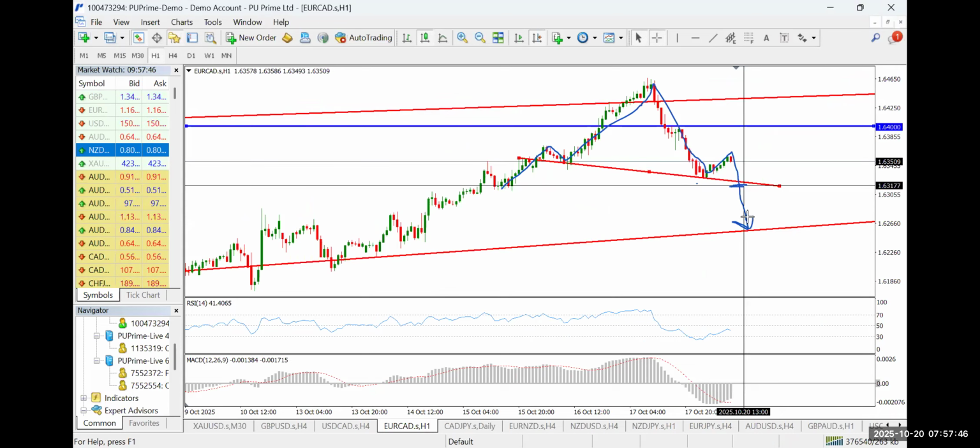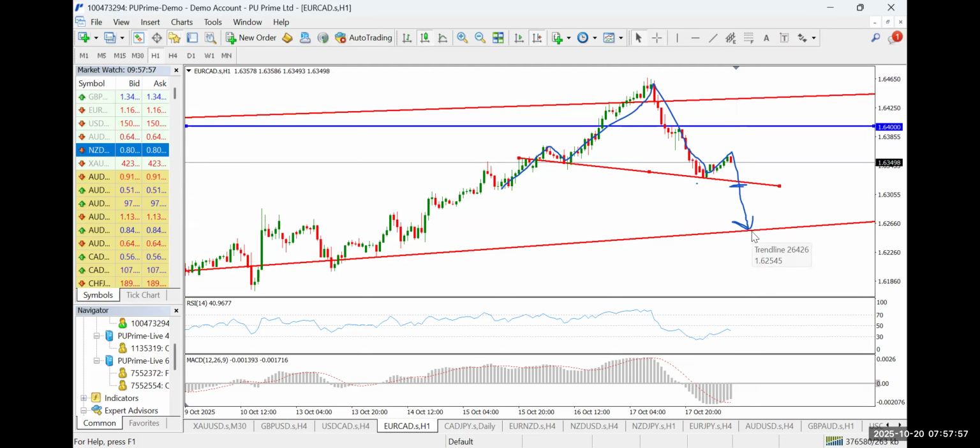On average, you can target about 30 to 50 pips movement, and this should land you in some good profit, potentially in the course of today. So we're bearish on Eurocard.